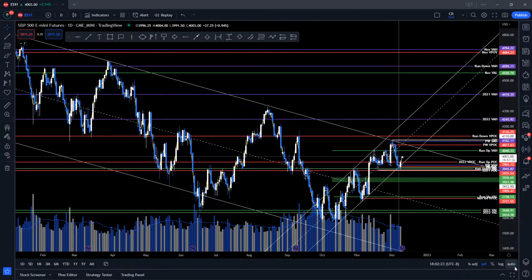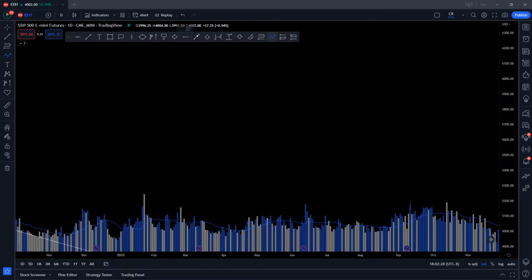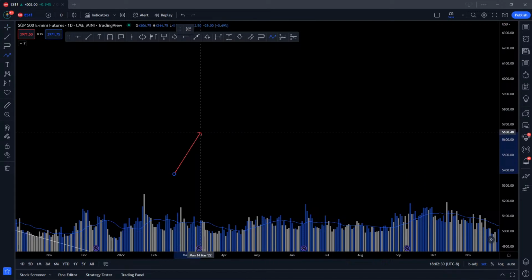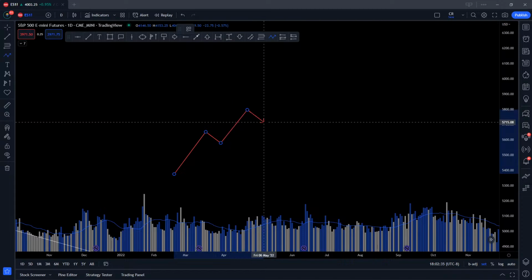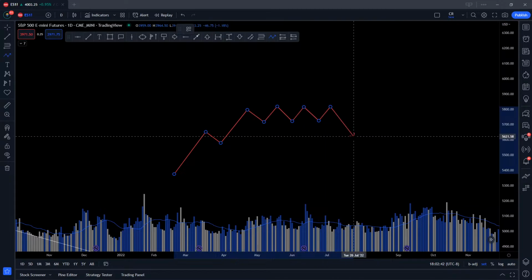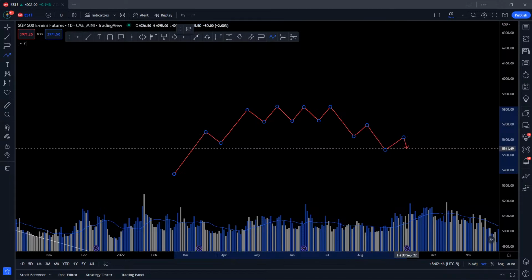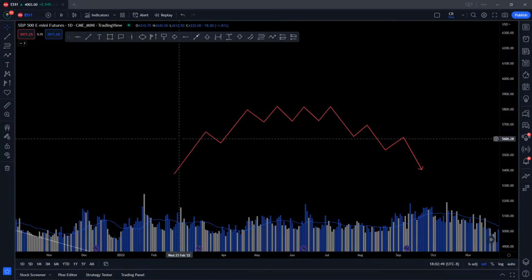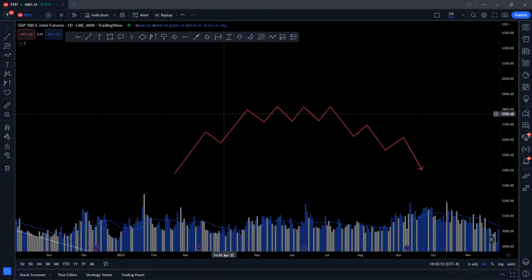Sorry, zoom out here. First, we'll talk about market structure. All right, so this up here, if anybody's willing to talk, we saw this today on ES.